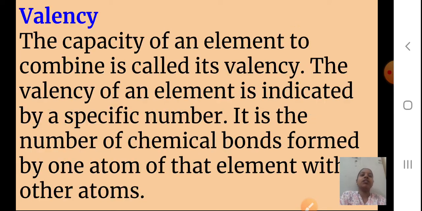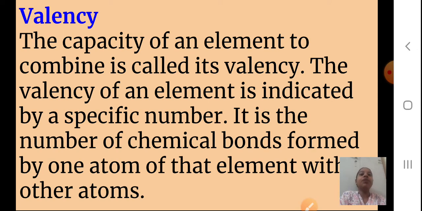Now see here, the next concept you studied was valency. The capacity of an element to combine is called its valency. The valency of an element is indicated by a specific number, which will tell you the valency. It is the number of chemical bonds formed by one atom of that element with other atoms.